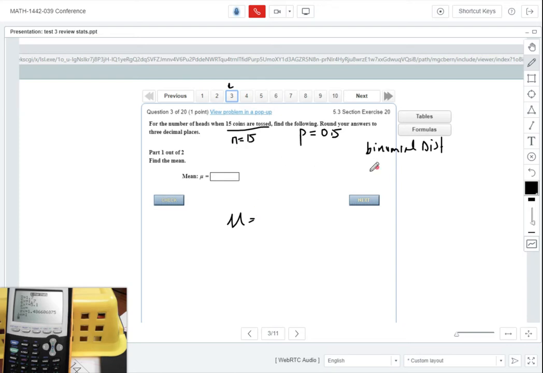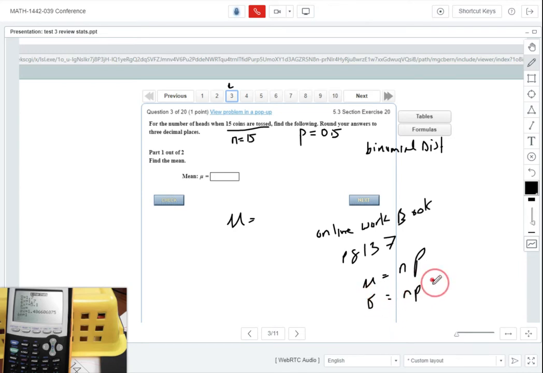Go to page 137 of the online workbook. It shows that the mean equals n times p. It also shows variance equals npq.